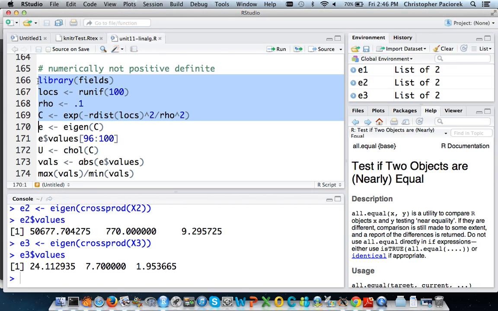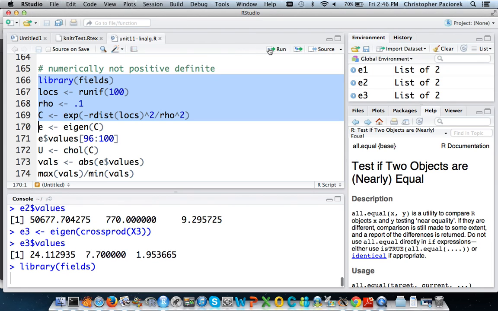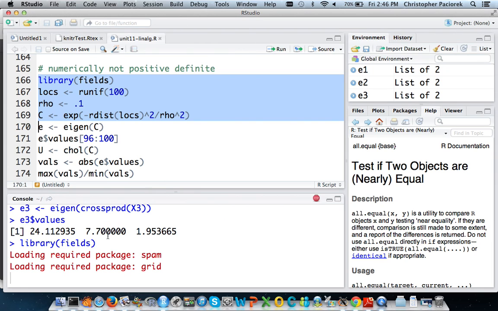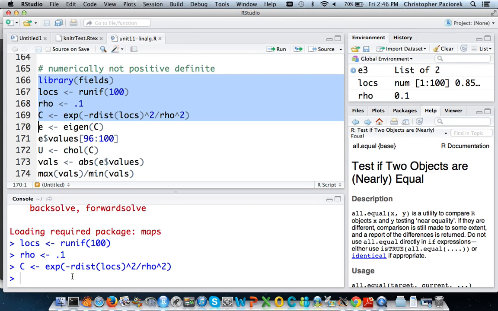This matrix is basically the covariance matrix of a time series, and you can prove that this matrix C is positive definite.